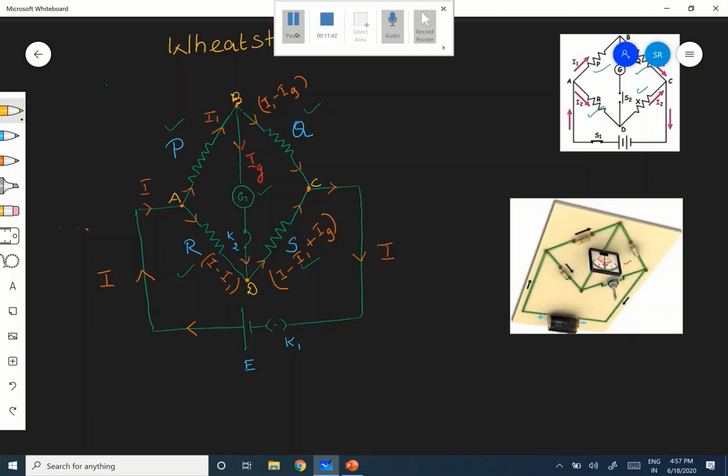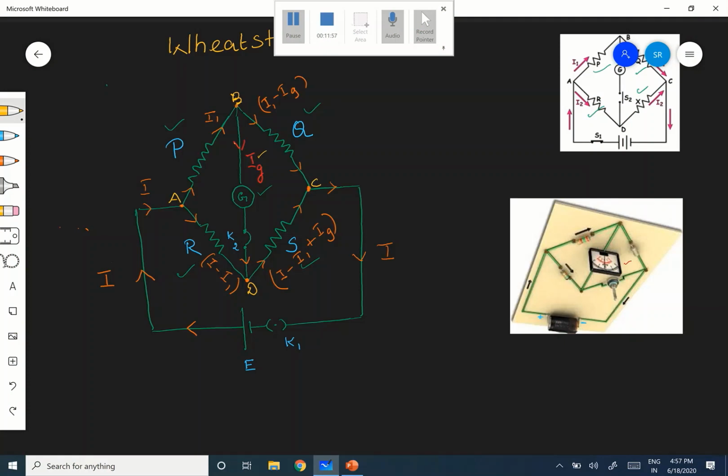In this diagram, Ig is the current passing through the galvanometer. So you have to adjust all the resistors in such a way that no current is passing through the galvanometer.